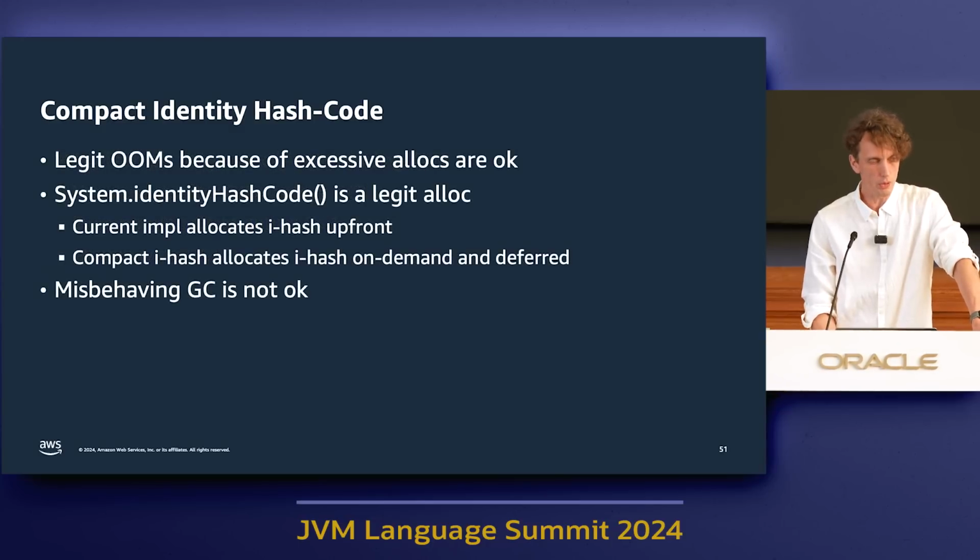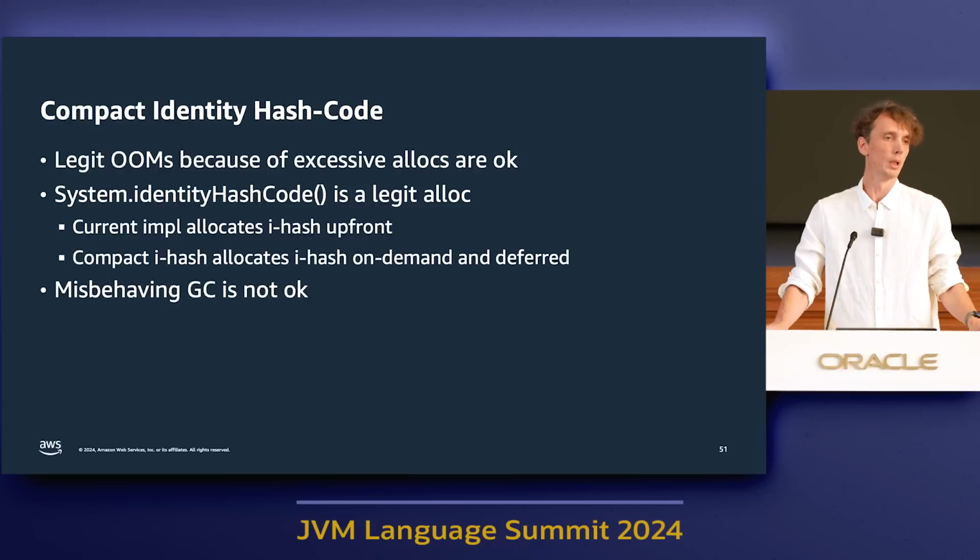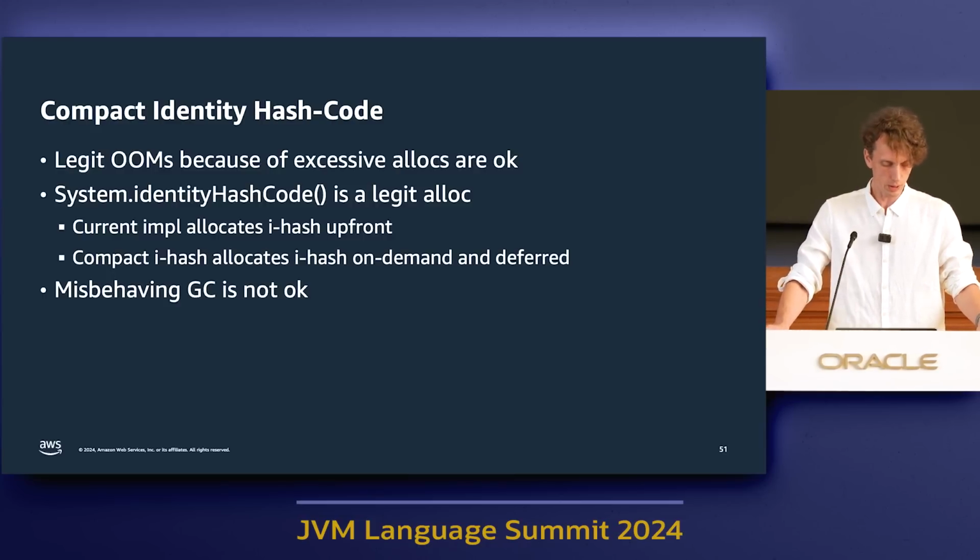So first of all, let's narrow down this problem a little bit. I think legitimate out-of-memory situations because of excessive allocations are okay. This is just a matter of fact. If you allocate too much stuff, you get an out-of-memory if you cannot deal with it. System identity hash code in this context is basically a legitimate allocation, in my opinion.